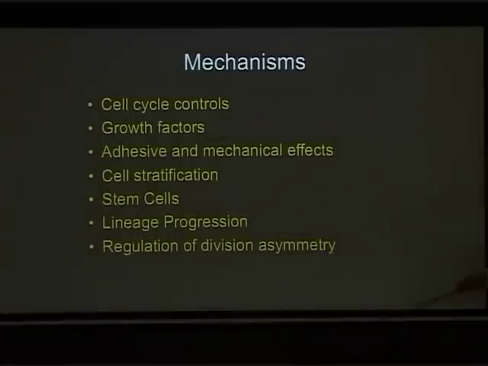And also, you can regulate what happens when cells divide and make two daughter cells. You can regulate what those two daughter cells do relative to each other. Do they always do the same thing, or does one go on and, say, turn into one cell type, and the others maybe stay the same cell type? So that's this question of division symmetry.